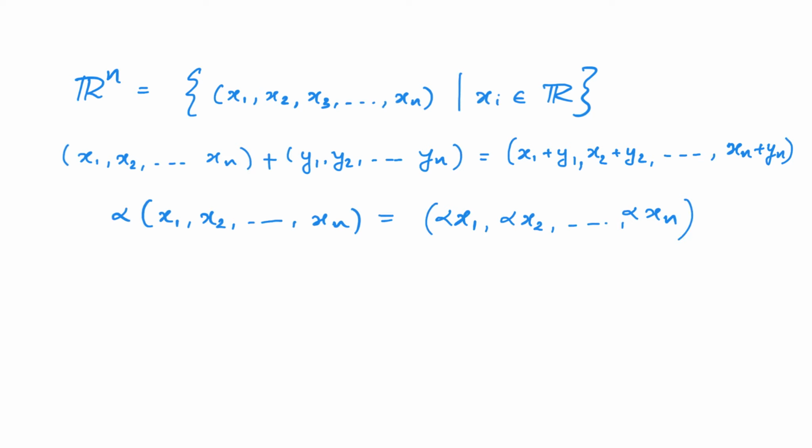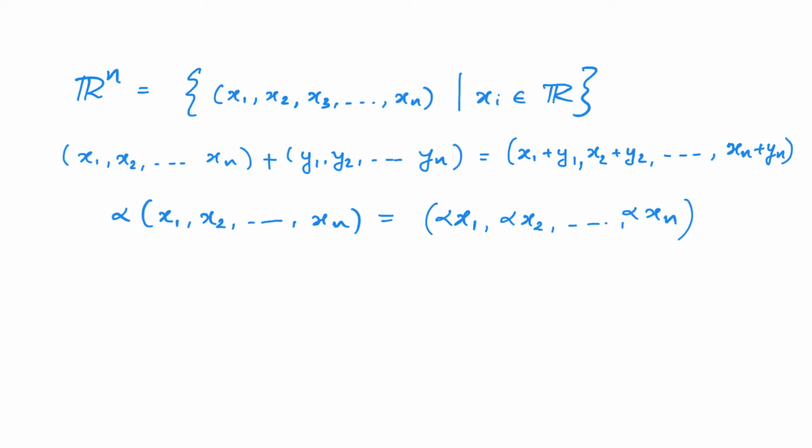So in this way, we can add two elements that belong to Rn, and we can multiply an element in Rn by an element in R. This is called scalar multiplication. So we can add two elements and we can do scalar multiplication. And this gives a rich structure to the space Rn.